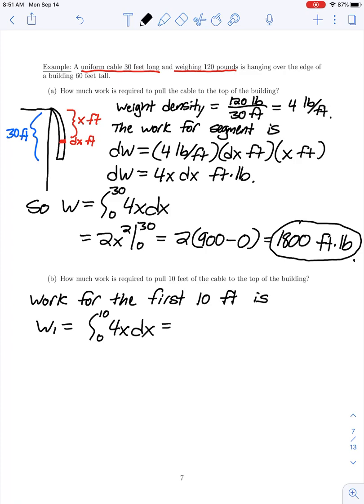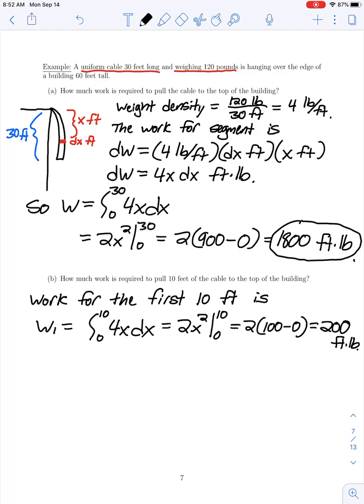So this gives us a 2x squared, evaluating from 0 to 10. So we would have 2 times 10 squared minus 0 squared, which would give us 200 foot-pounds. However, one thing that we have to be a little bit careful of here is when we're lifting the first 10 feet of cable to the top of the building, what we've calculated here is only the work required to lift the first 10 feet of cable itself.